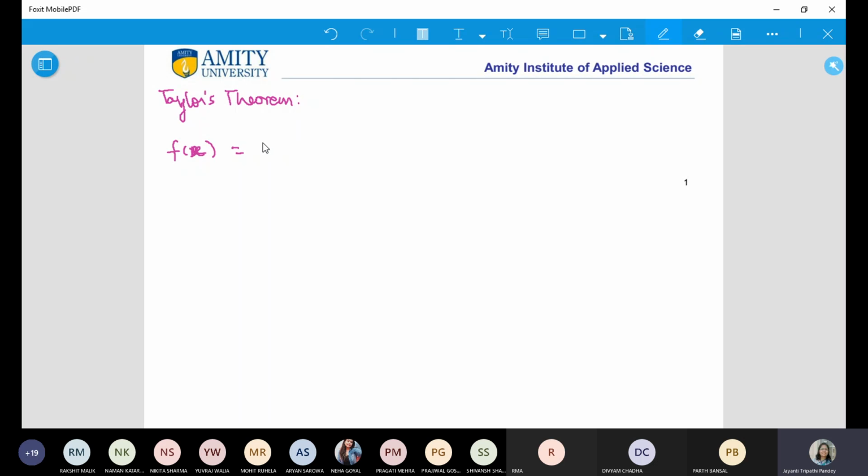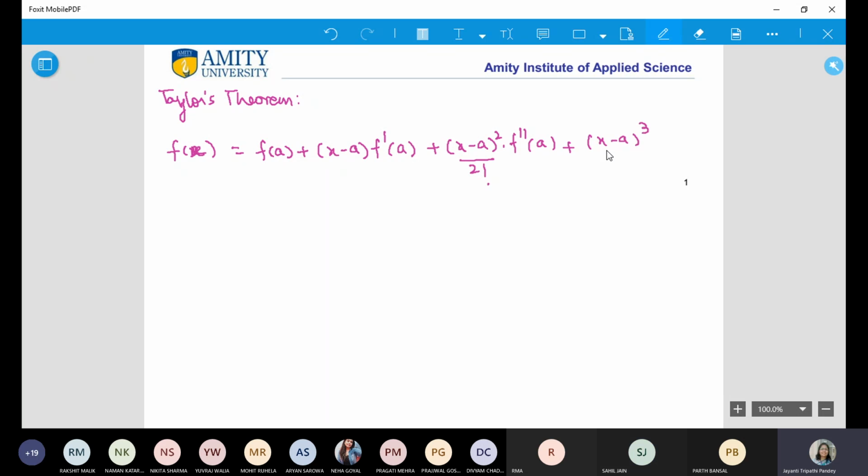Just now you have written, right? f(a) plus (x minus a) into f'(a), plus (x minus a) square divided by factorial 2 f''(a), plus (x minus a) cube upon factorial 3 f'''(a), and so on, right?